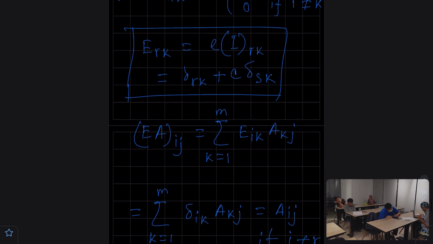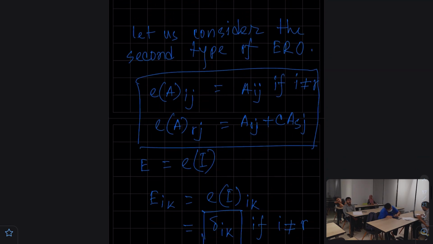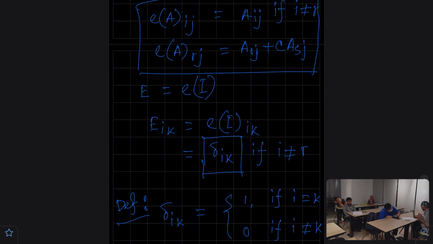From the definition, we see that E(A)_ij is equal to a_ij if i is not equal to r, and E(A)_rj equals a_rj plus c times a_sj. Right?